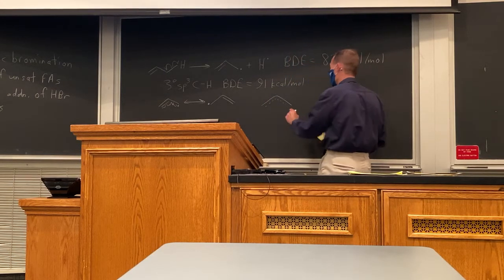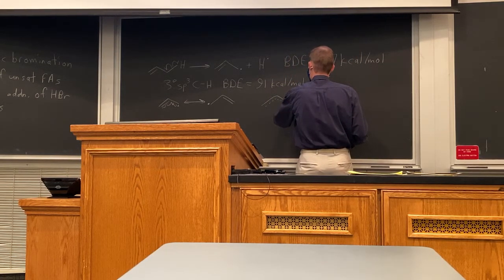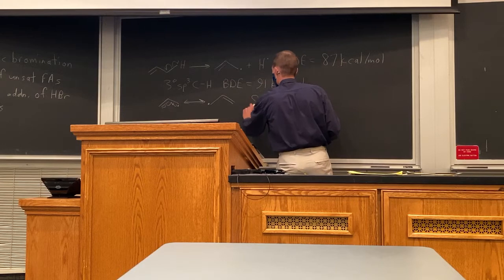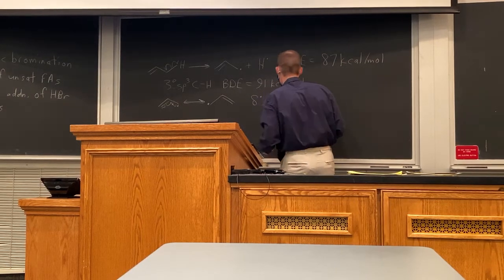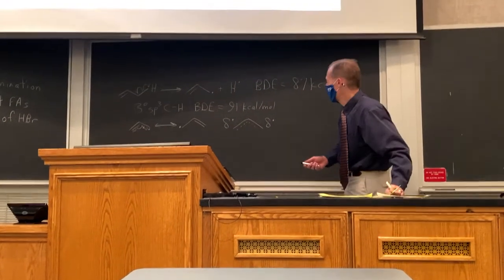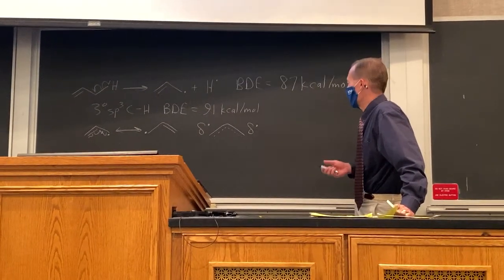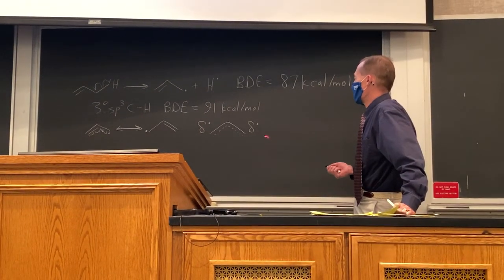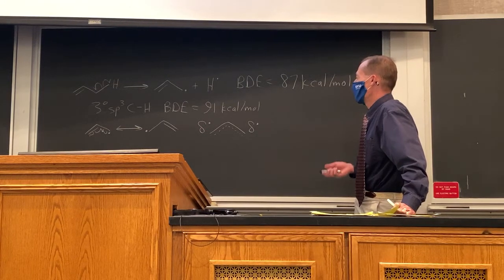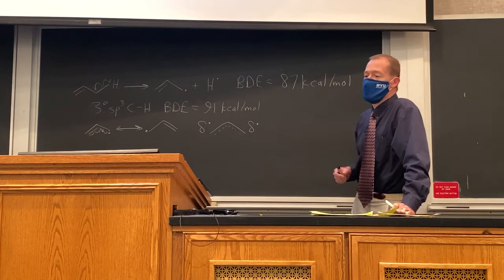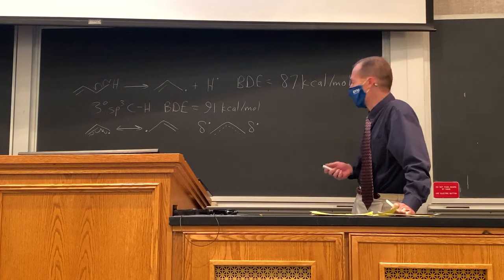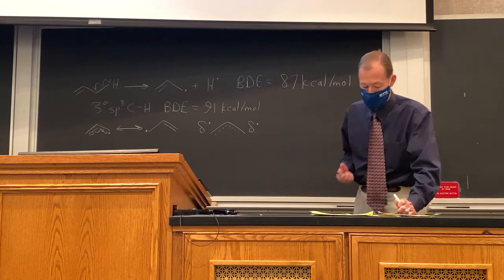We would have dashed lines, and then we would draw our lowercase delta indicating partial charge or partial spin density, partial radical character. So this hybrid structure indicates that the spin density or the unpaired electron is delocalized on these two different carbons.